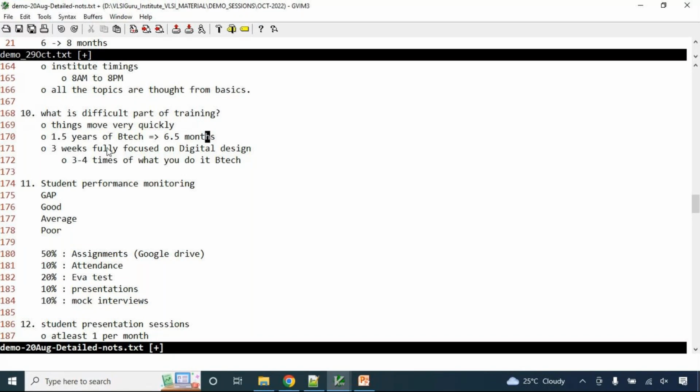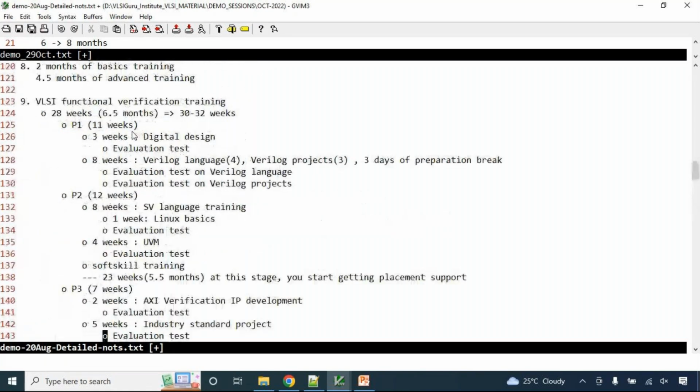Now, what it means that things move very quickly is, like in BTech you do digital electronics. Typically, how much time does it take for you? You spend one full semester, right? And you don't do entire digital even actually.